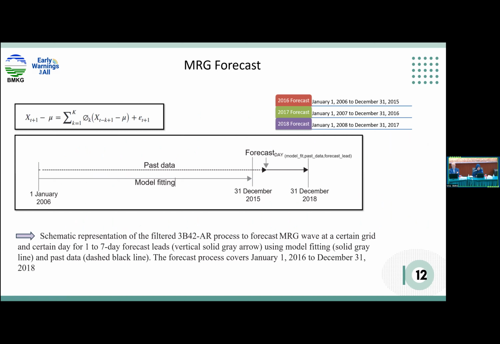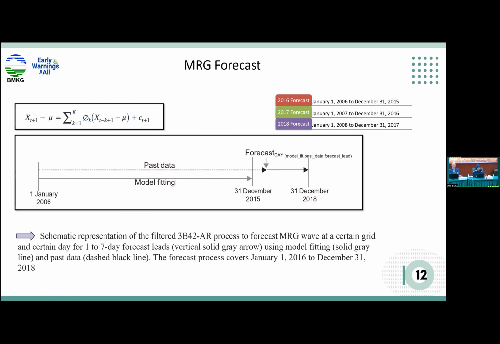And I think I will close the presentation with a forecast. This is a very simple method for forecast, but I hope that it can still be useful for you, especially for those who want to study forecasting with a simple method, because we only use the autoregressive method here.